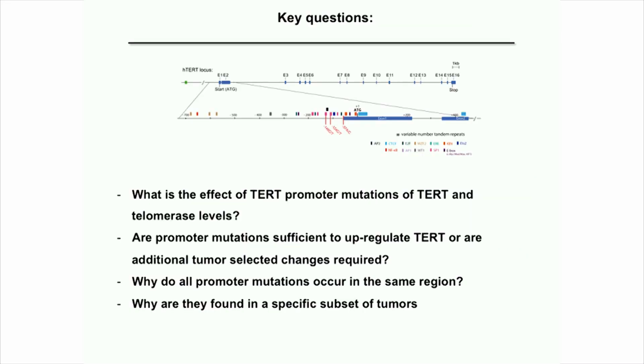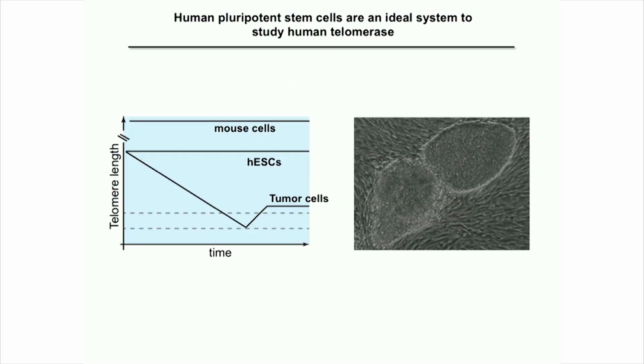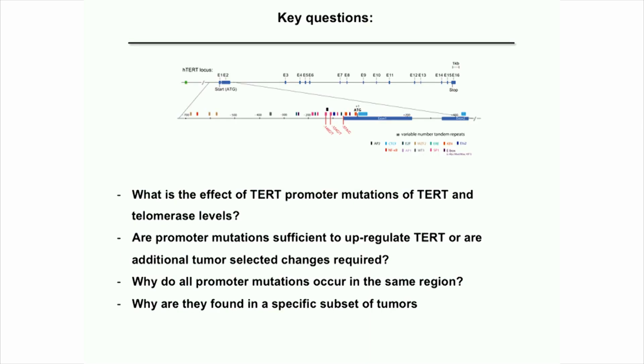And that brings us to the key questions that we wanted to address using Cas9-mediated genome editing. We wanted to ask, what is the effect of these TERT promoter mutations that are really just 120 nucleotides upstream of the ATG? Are these mutations sufficient to counteract telomere shortening when cells become tumor cells, or do you need additional changes in the cancer genome?